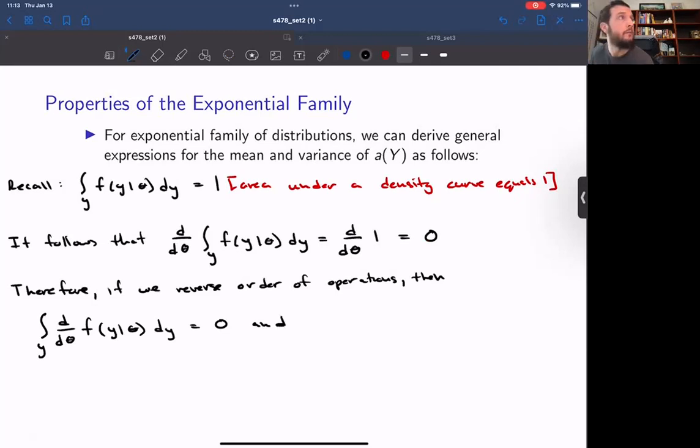And the integral of d squared by d theta squared of f of y given theta dy is equal to 0. All right. Okay, so far we have area under the density curve is 1. It follows that the derivative of this expression is 0. And now we're saying if we reverse the order of operations, so we integrate the derivative, this would also be equal to 0. And therefore, the integral of the second derivative would also be equal to 0.